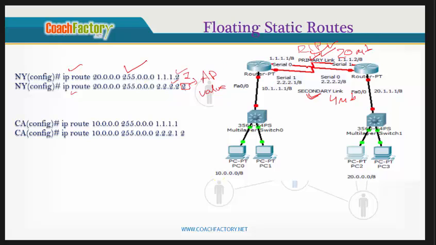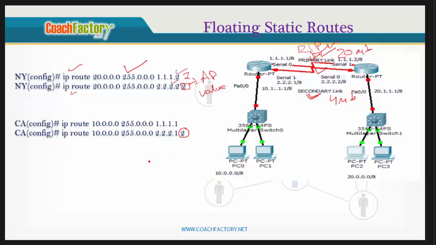If this connection goes down, then automatically it is going to use the secondary one. So we can achieve these primary and secondary paths using the administrative distance value.